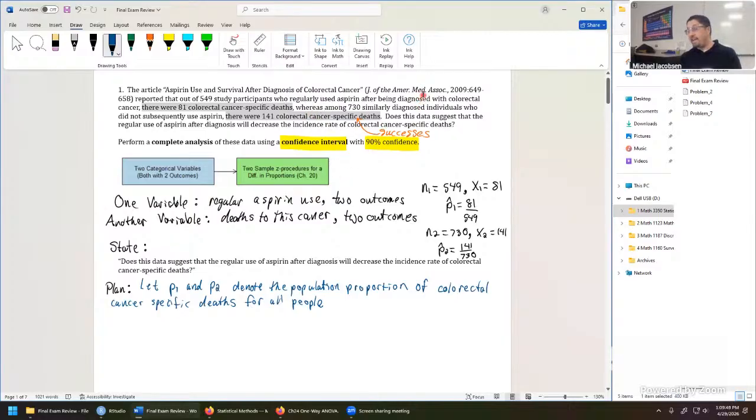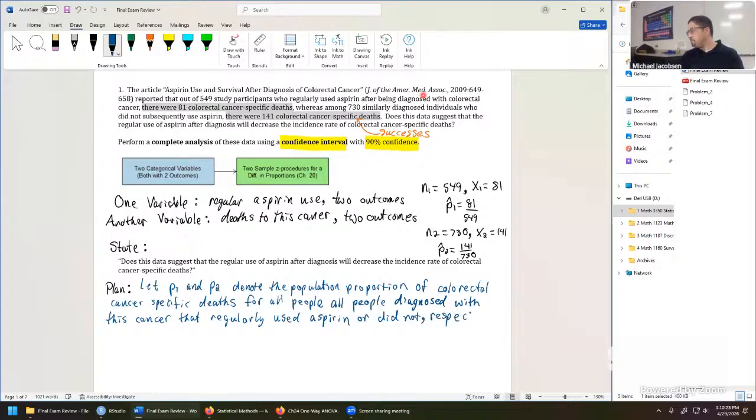So let's say all people diagnosed with this cancer that regularly used aspirin or did not, respectively. So now we've set up a one-to-one correspondence.